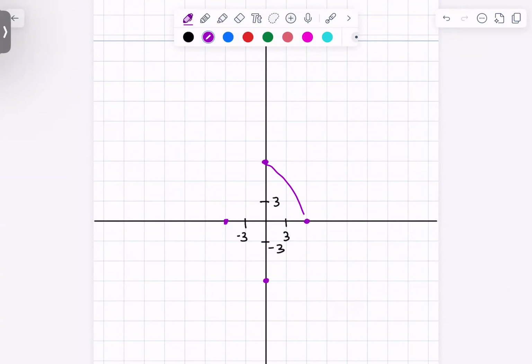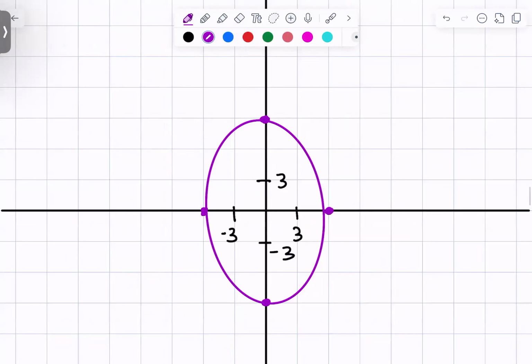And here is my ellipse. Just try your best. If I can't get it perfect on this program, then by hand you're not going to get it perfect as well.